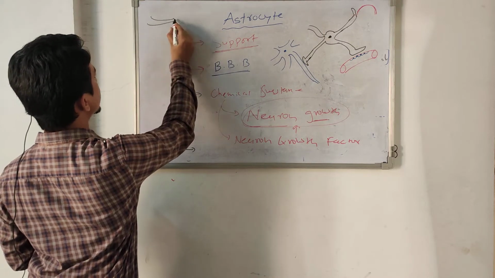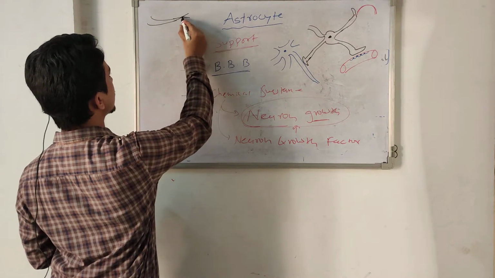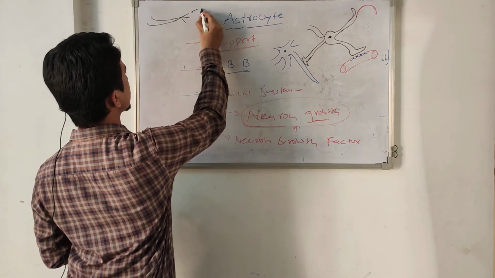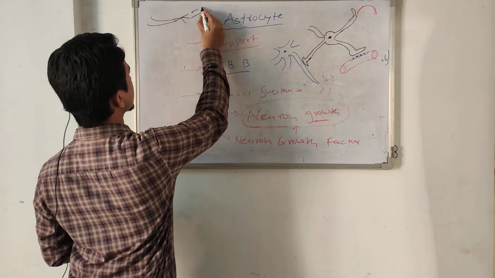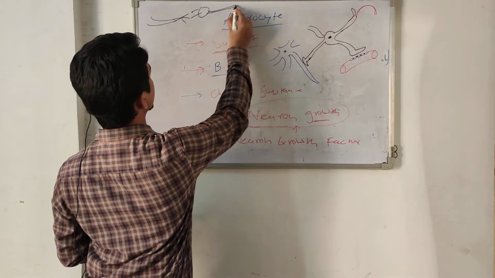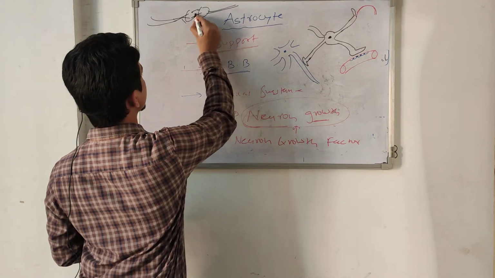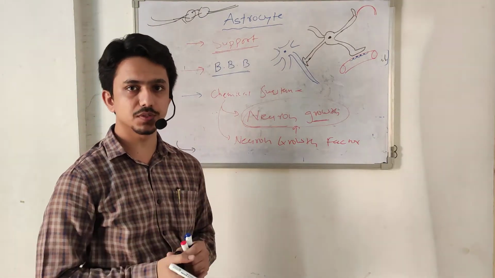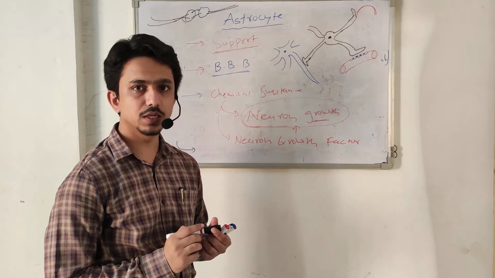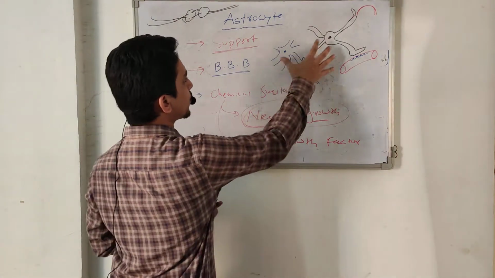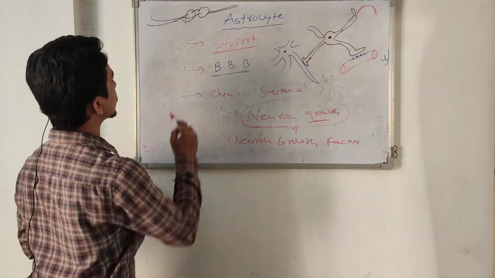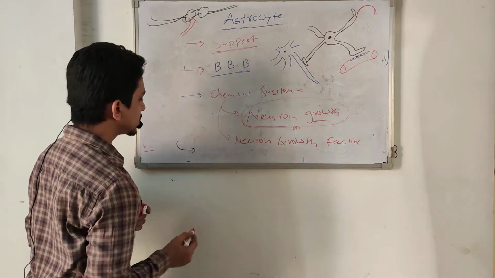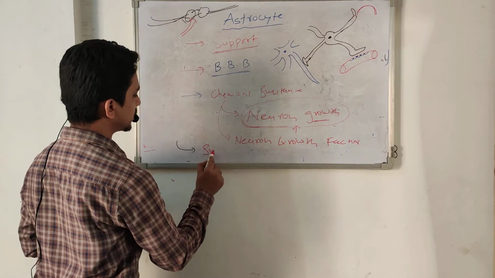Suppose this is the axon of one neuron, it ends, and from here the dendrite of the next neuron starts, and again an axon. This microscopic gap between two neurons is called a synapse. The astrocyte foot processes also remain here, so they are also responsible for synaptic function.